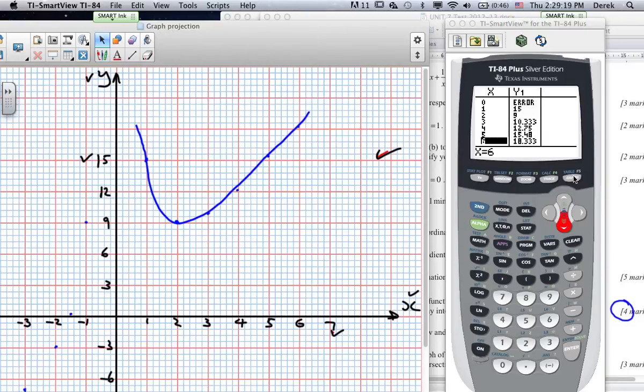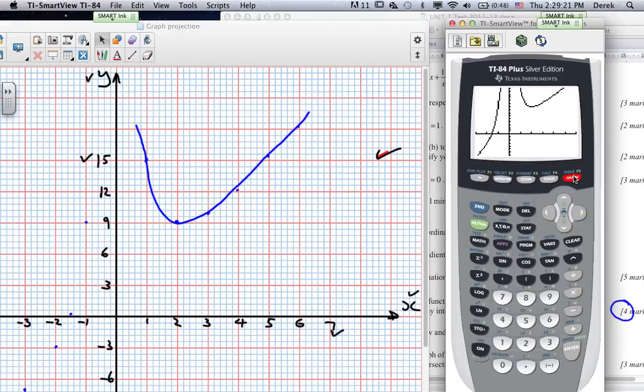So I'll go back to my graph. I'm wanting this point over here. So I go to second, calc, and I'm looking for a zero, where y is equal to 0. I enter, and I need to say left bound, so I go below it and press enter, then right bound and enter, and then guess, and I get that it's about 1.58.